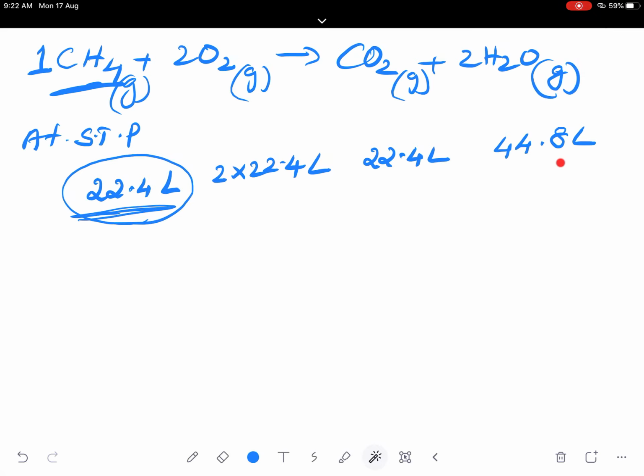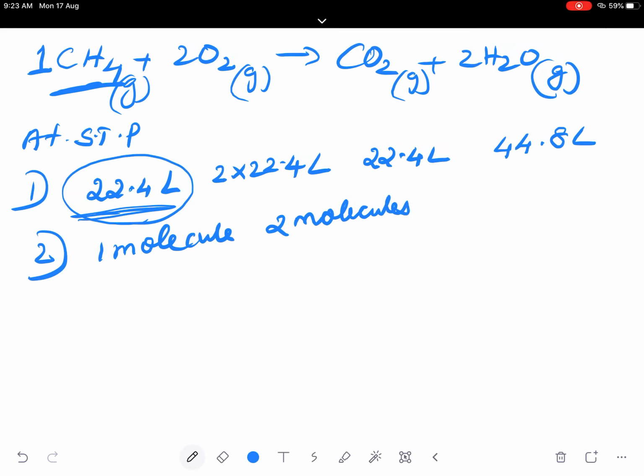So now we are moving to the calculations based on stoichiometry. For stoichiometric calculations, once again I am going for the weight and number. In terms of number, 1 molecule, 2 molecules. These we don't use because it is very difficult to handle the number of molecules.